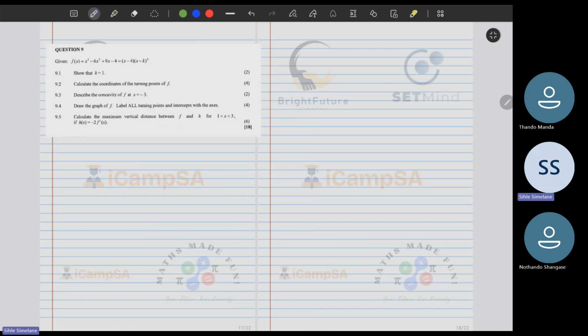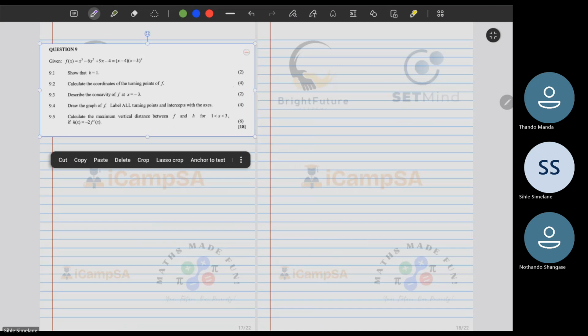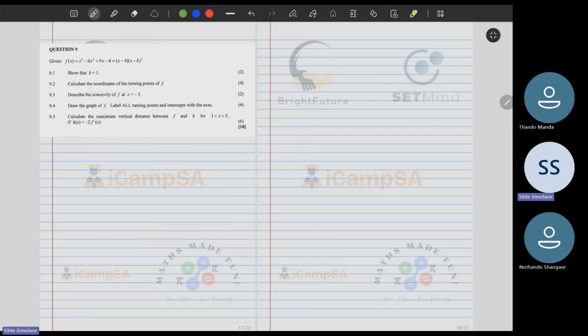What should come to our mind? What should come to our minds is the second derivative. Okay, the second derivative at, yeah, it's the second derivative.